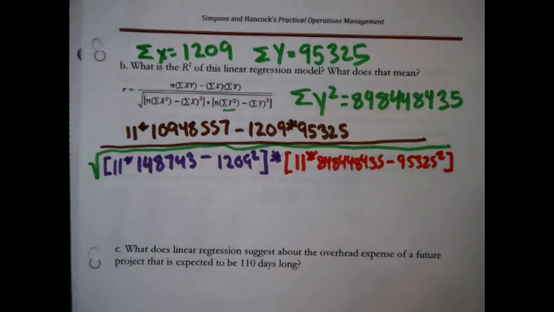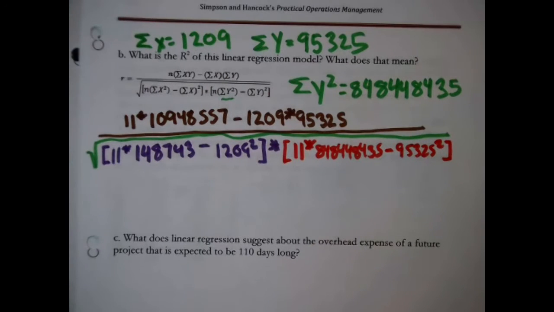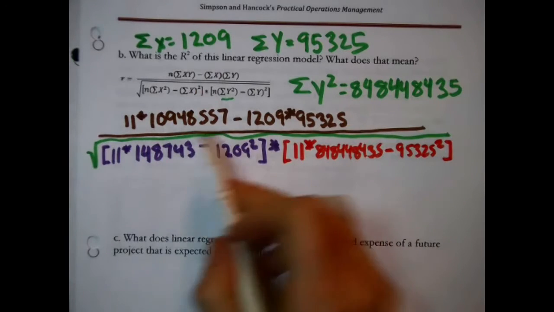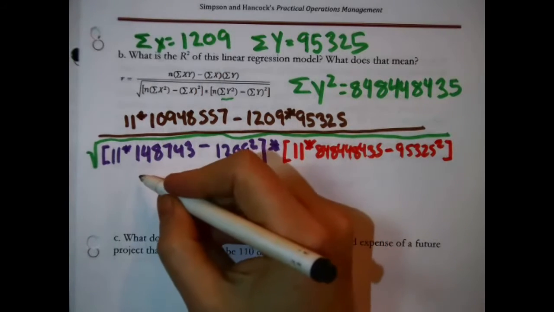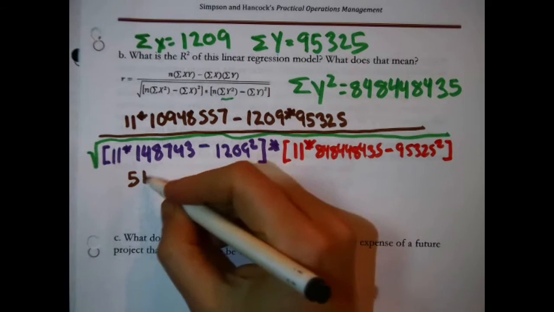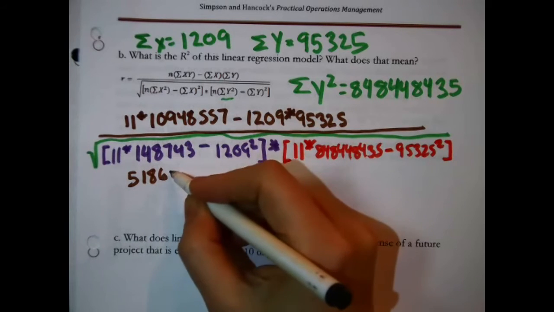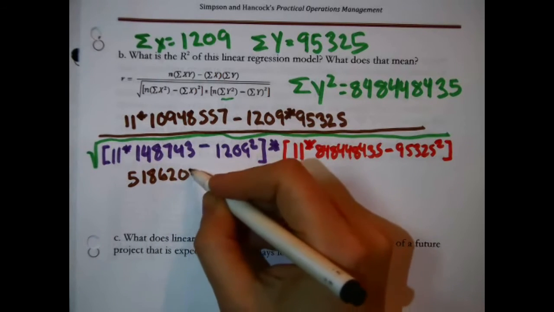Oh, all right. Now, if you are doing this along with me, you can check me on this. In the numerator, I get 518,602.